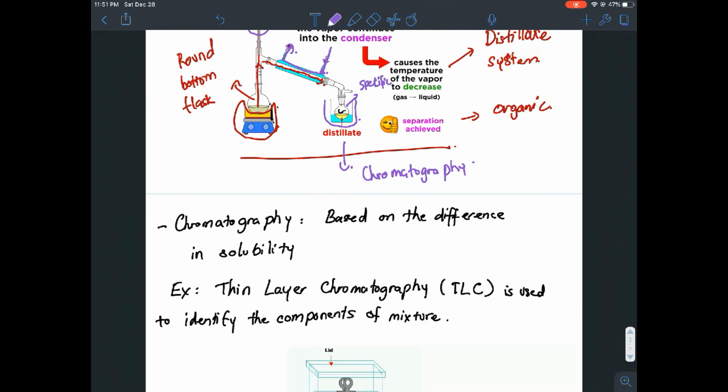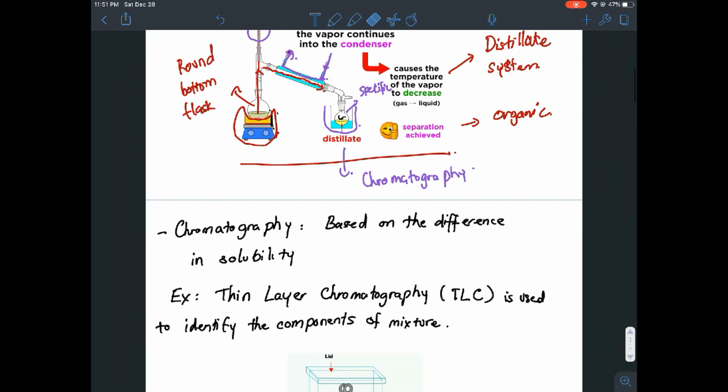This is pretty handy to use. That is chromatography. It is a pretty handy method that is used widely also. Okay, it's based on a difference in the solubility.